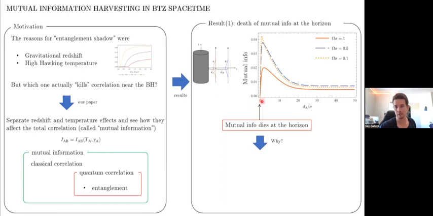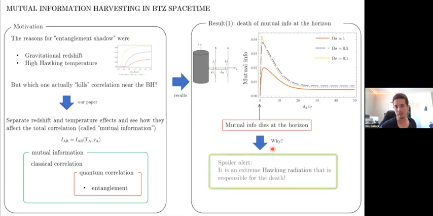In particular, at the event horizon, the correlation dies, so no one can harvest anything. The question is, why does this happen? In the next slide, I will show you that it is not gravitational redshift, but Hawking radiation that actually kills this correlation.